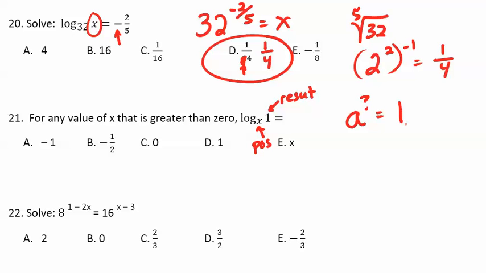Do you see that anything to the 0 power, we always say any number to the 0 power is equal to 1? Well, that's true, of course, if a is a positive number. So there's our a to the 0 power, or x to the 0 power produces 1, as long as this x value is greater than 0.